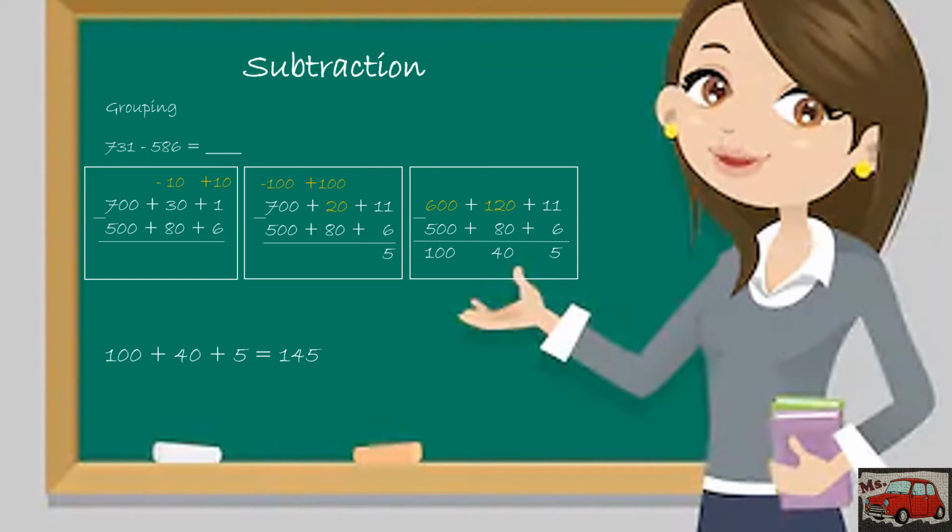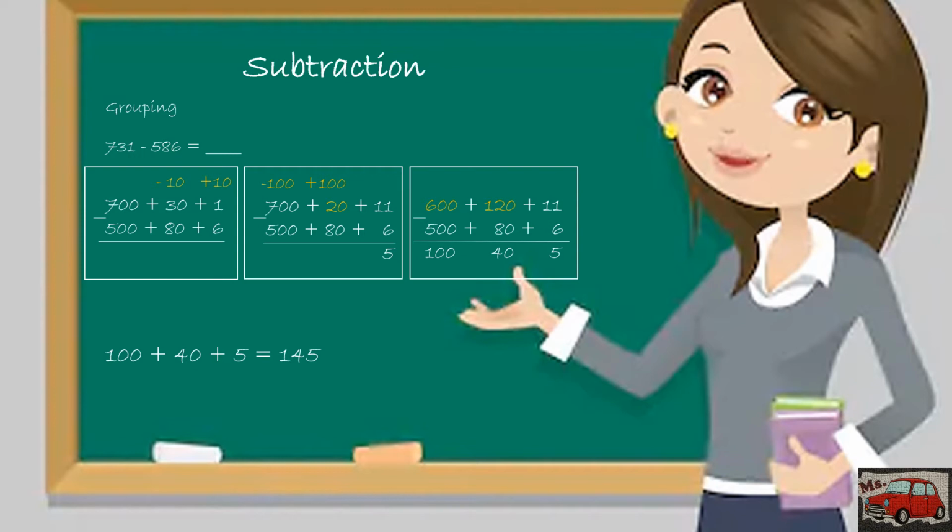Now, let's subtract the tens place. Yung 20, babawasan ko ng 80. I can't get 80 from 20. So, ang gagawin ko, I will borrow 100 from the hundreds place. So, yung 700, magiging 600 na lang. And then, yung tens place ko na 20, since nanghiram ako ng 100, it will become 120.